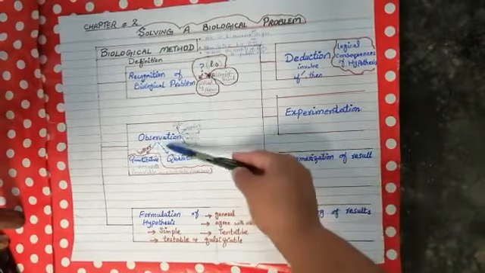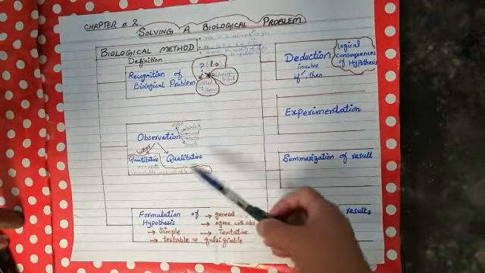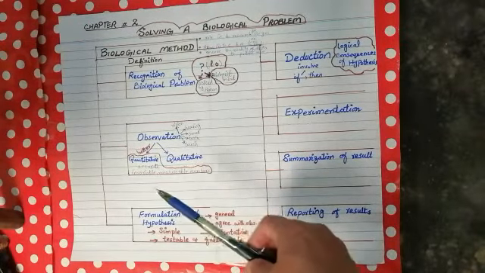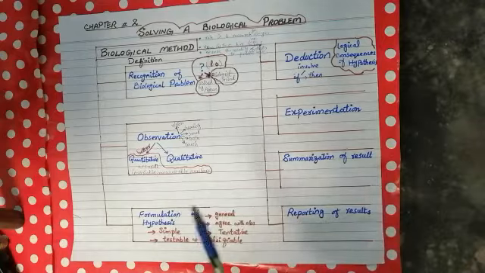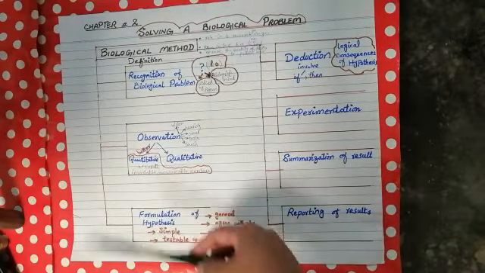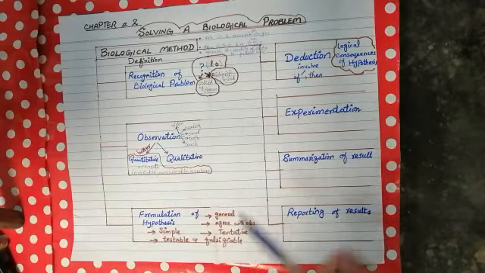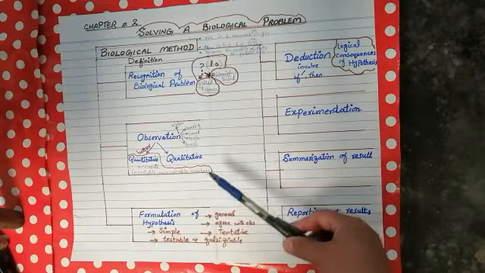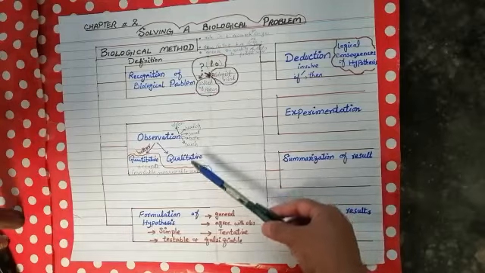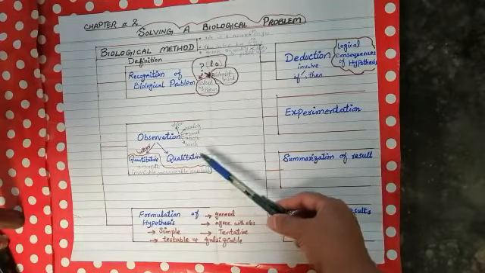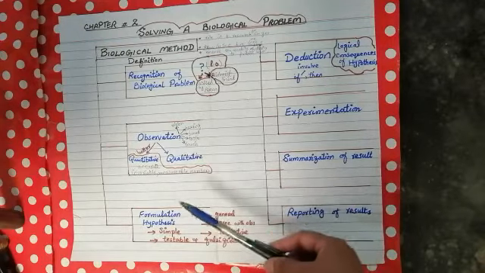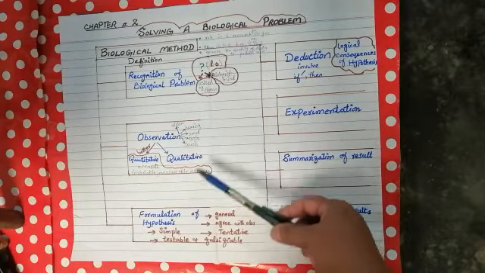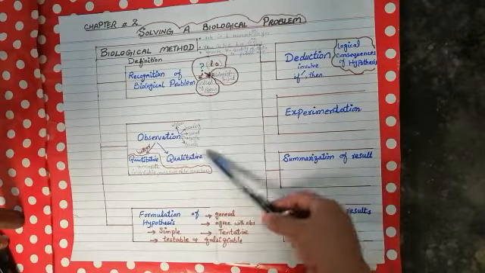Observations which we collect are of 2 types. Observations may be qualitative or may be quantitative. What are qualitative observations and what are quantitative observations? Qualitative observations are those in which we just have some idea, which are not very accurate, which are not in the form of figures or numbers.